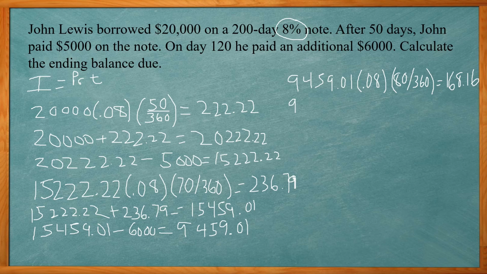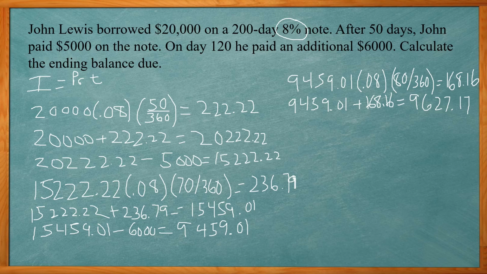We add it to our balance. That gives us 9,627 and 17 cents. So that would be the amount that's due at the end of the 200 days.